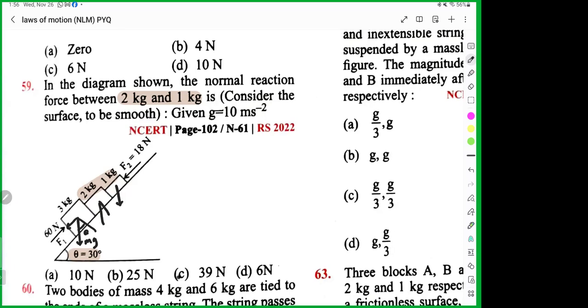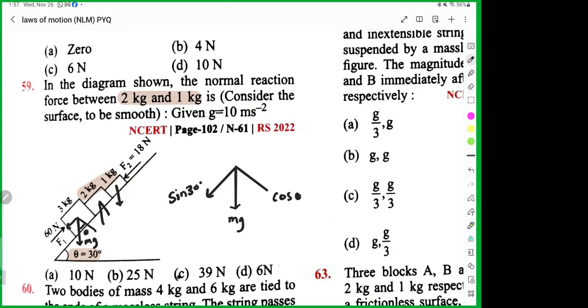To calculate that type of questions, we use sin theta. This is mg, this will be cos theta, and this will be sin theta. That is the major difference because we are considering the angle.